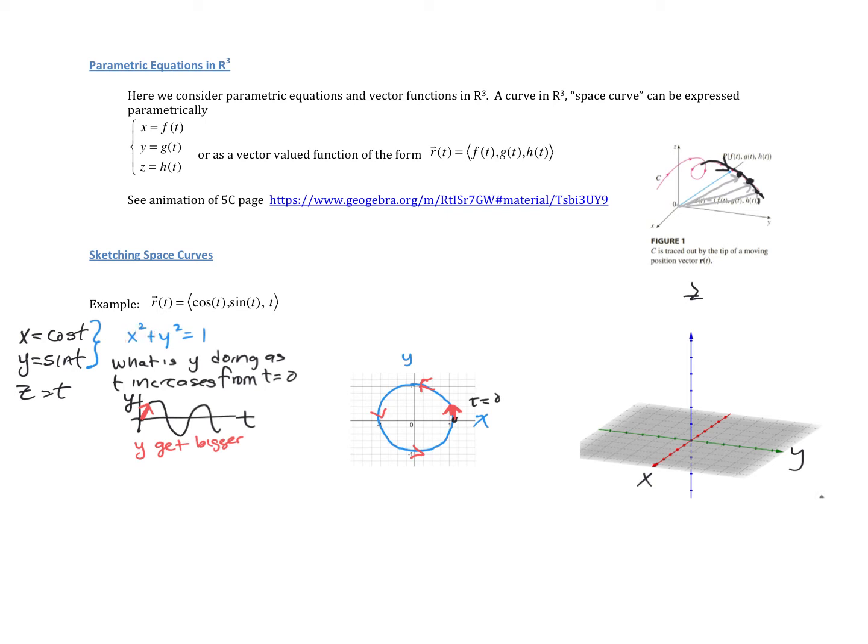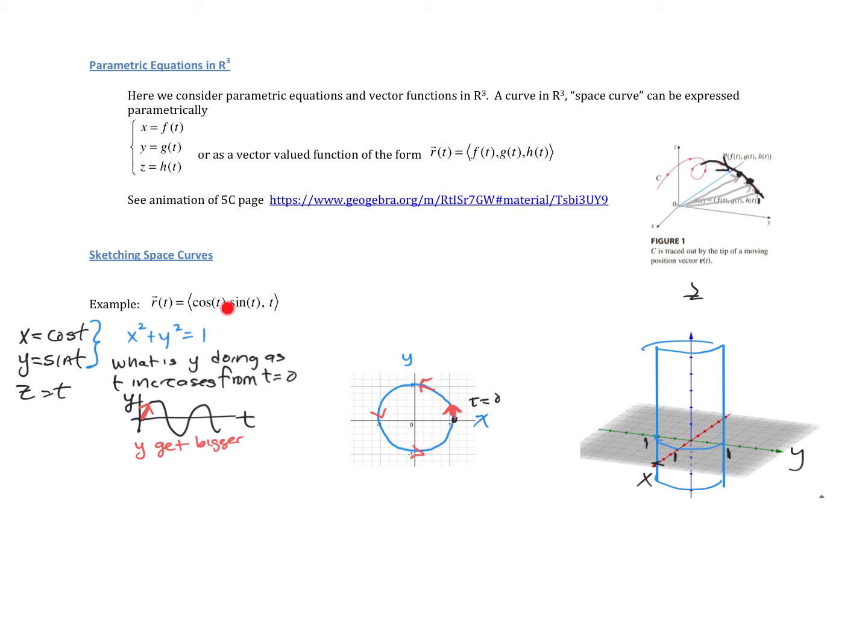X squared plus y squared equals 1 is the cylinder of radius 1. So let me mark this as a 1 here. Radius 1 there. Okay, so the cylinder of radius 1.